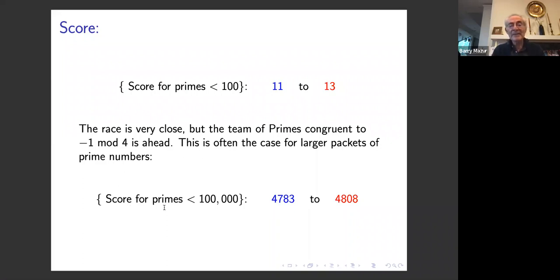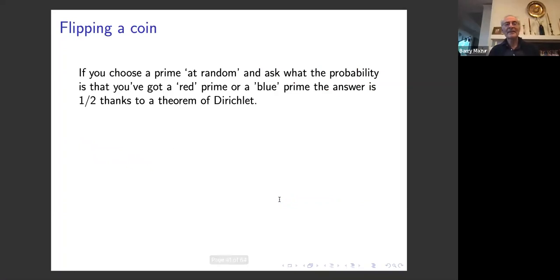So the score for primes less than 100,000, there are roughly, I don't know, 9,500 such primes. And half of them pretty much are blue, half of them are red, but there are something like 15 more red ones than blue ones. It's a very tight race.